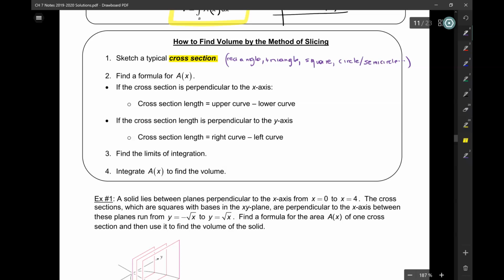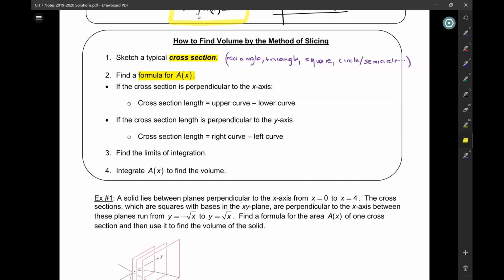Next, you have to find a formula for the area A of x, and normally this will involve y, your function, okay? Now, if the cross-section is perpendicular to the x-axis, the cross-section length is the upper curve minus the lower curve.